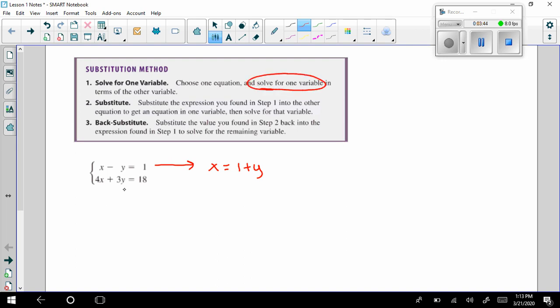Solve for one variable. We could just as easily down here solve this one. It would involve some fractions if we did that. And so I always look for the easiest one to solve. So look for a coefficient of 1 because it's easy to solve for.